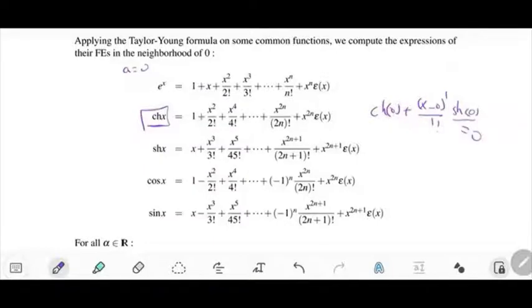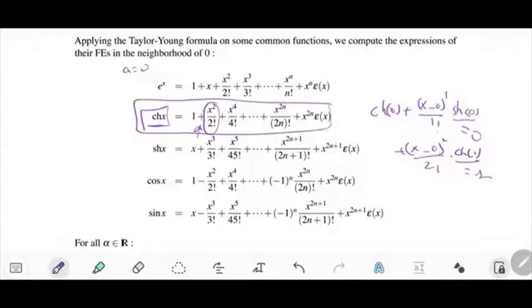That's why we don't have an x^1 in here, plus (x minus 0)^2 over factorial 2 times the derivative of sh, which is ch at the point 0, which is equal to 1. So we have this term in here, and so on. So we have only the even terms. That's why I will write in here the expansion to the order 2n to represent that we have only the even terms.